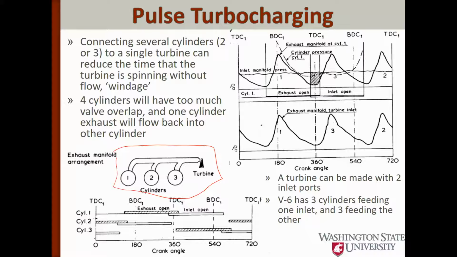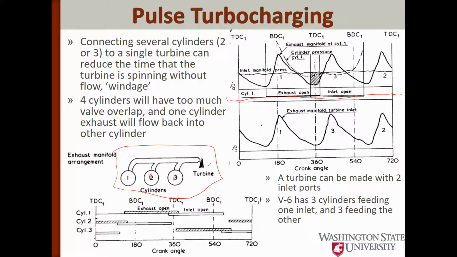If you try and connect 4 cylinders to the turbine, because of the way one would be in blowdown phase while another one was still open, you would get basically mass blowing from one cylinder back into the other cylinder instead of through the turbine. And we don't want to do that. So that's why we limit ourselves to 2 or 3 cylinders per turbine.